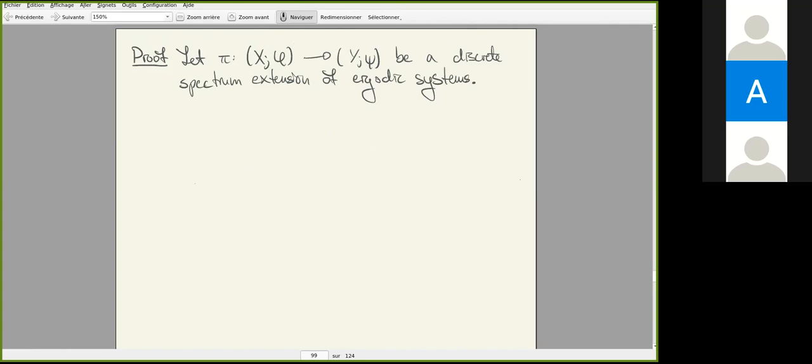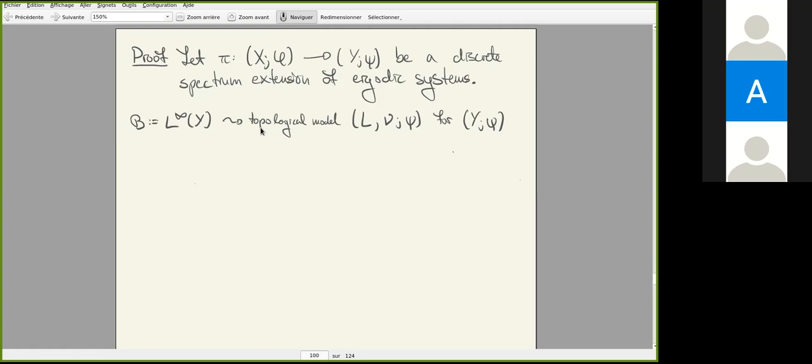We don't really know anything about Y. So the easiest subalgebra to take is just L infinity of Y. And then you get some topological model, L nu psi for (Y, psi). Here I'm abusing notation a bit because I don't want to introduce too many variables, so I denote the dynamics on the original system and on the topological model again with psi, and later also with phi.